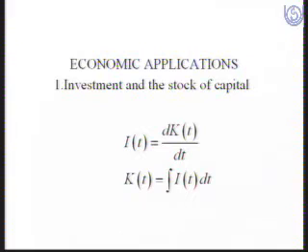Now all you have to do is to integrate both sides. Integration and differentiation cancel each other out. So on the right hand side you have the integral of dK(t), so the integral and the d cancel each other out. You are left with K(t), which is shown as the left hand side of the second equation, and the left hand side of the first equation now becomes the right hand side of the second equation, where you get the integral of I(t) dt.